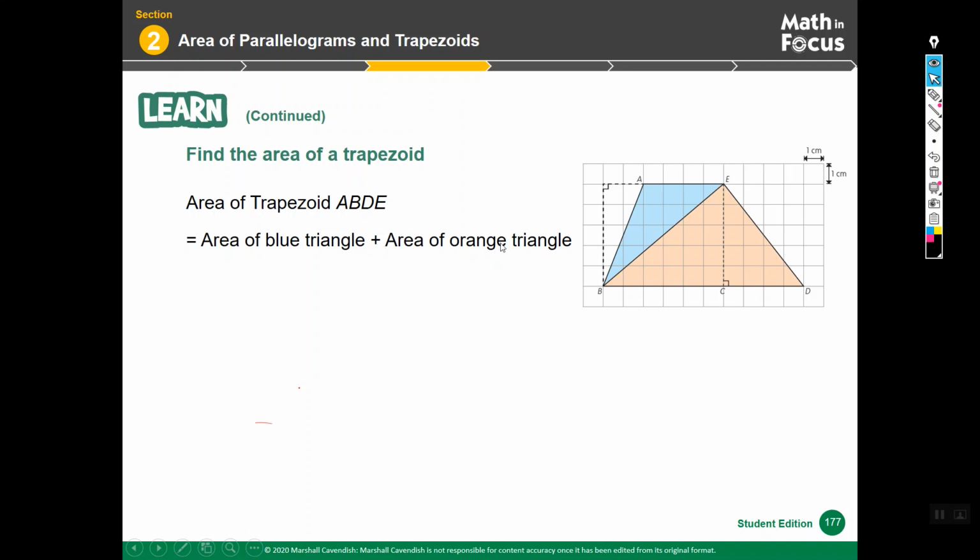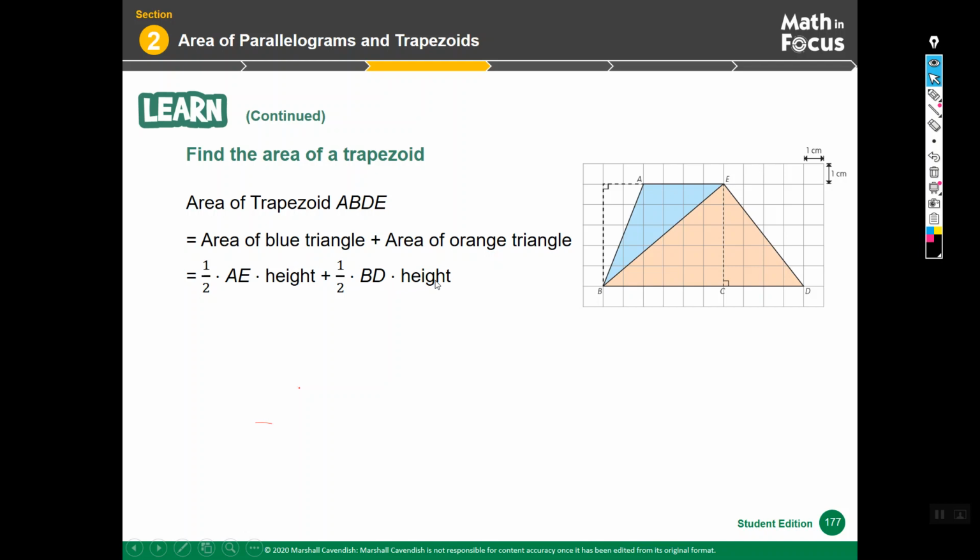All right. So the area of this trapezoid is the area of the blue added to the area of the orange or pink. So we're just adding, so here's our formula right here. And they've substituted AE for base, just what the line is called. So half of the base multiplied by the height of the first triangle, the blue one, and then half of the base multiplied by the height of the second triangle.